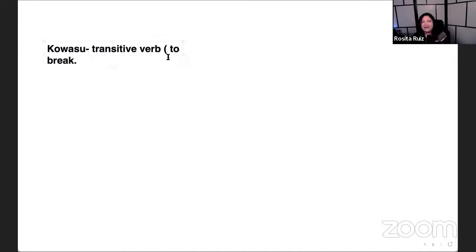But what about if I put it into the reru form? If I put this in the rareru form, or the reru form, here I'll have kowareru.